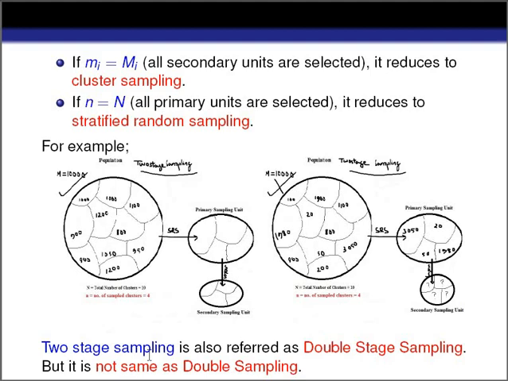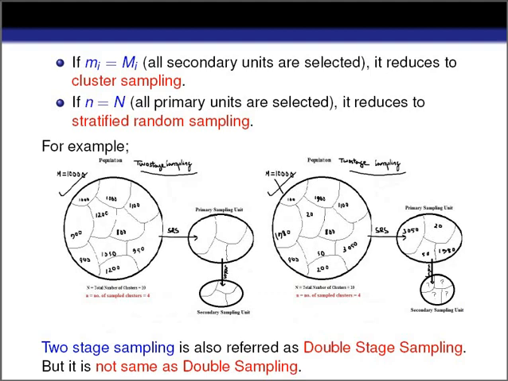In double sampling, whatever conclusion we get from the sample, if it is not acceptable to us, then we again do sampling to draw a sample from the population, and again we draw a conclusion based on our new sample. So this is double sampling. Double sampling and double stage sampling are both different things.